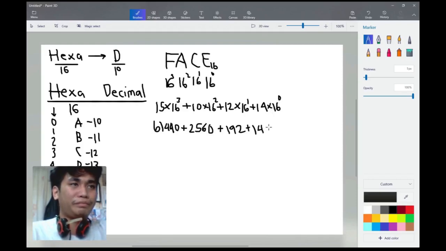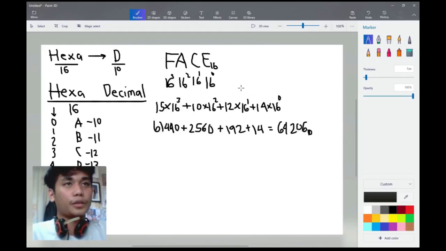So we have 61,440 plus 2,560 plus 192 plus 14, that's 64,206 base 10. So we're going to check if it's correct: if 64,206 base 10 is equal to the hexadecimal FACE base 16.